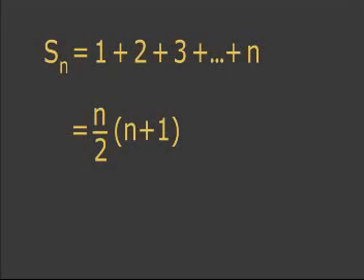We can generalize this approach to derive this formula. The sum of the first n positive integers is given by Sn equals 1 plus 2 plus 3 plus up to n, which equals n over 2 times the sum of n and 1.